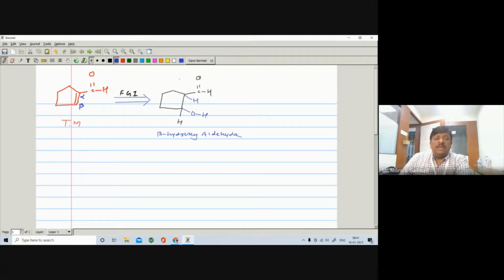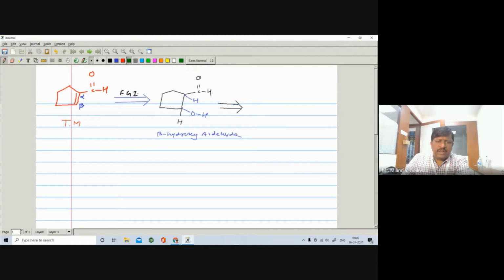Further, this undergoes disconnection, and you know it undergoes disconnection in the aldol condensation reaction. How to carry out this disconnection? You have to break in such a way that you get the corresponding possible fragments.